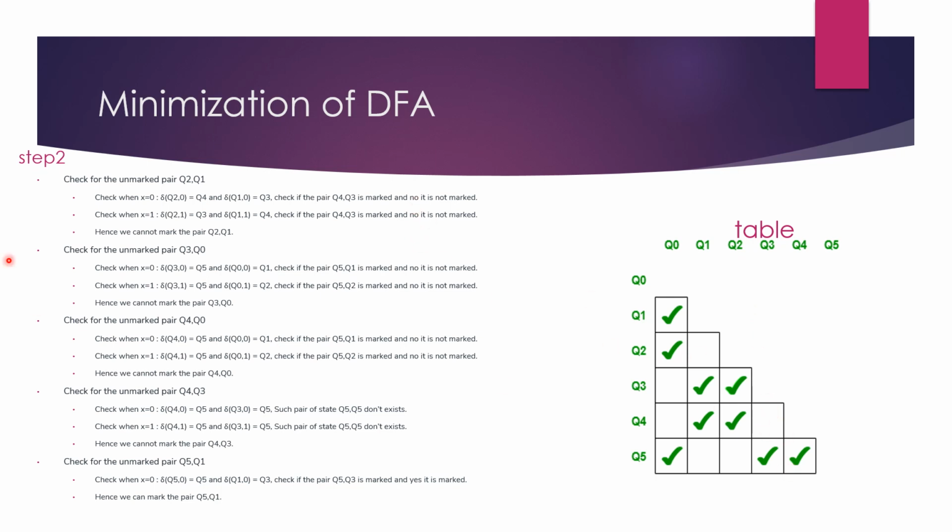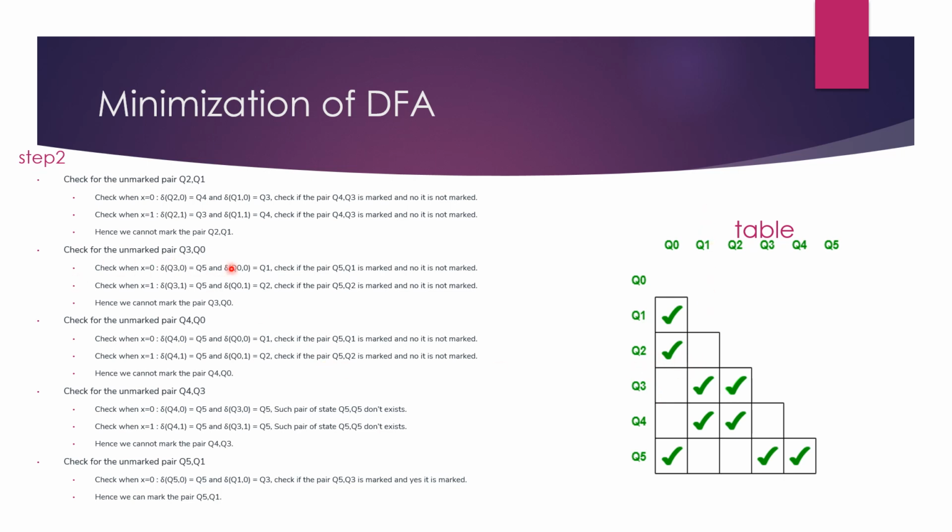No, it is not marked. So next we will move to input symbol 1. Q2 on 1 goes to Q3 and Q1 on 1 goes to Q4. Check whether the pair Q4 and Q3 is marked. No, it is not marked. So hence we cannot mark the pair Q2 and Q1.